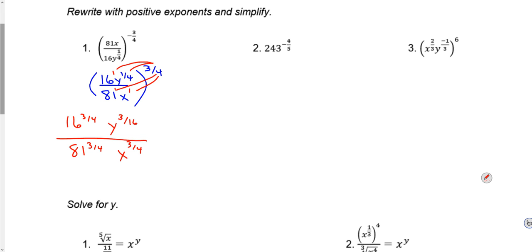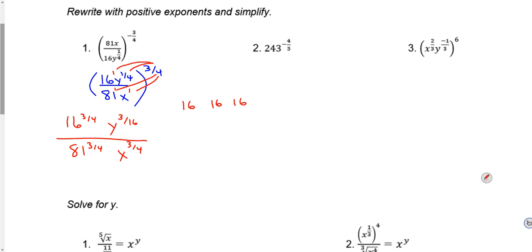So now we have to look at this as individual pieces. This is like 4 different problems. We need to see if we can break this stuff down. Let's take the 16 to the 3/4. 16 to the 3/4 means we have 3 16ths. I want them in groups of 4.